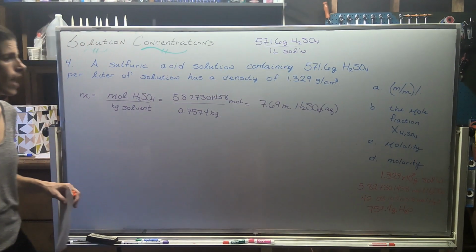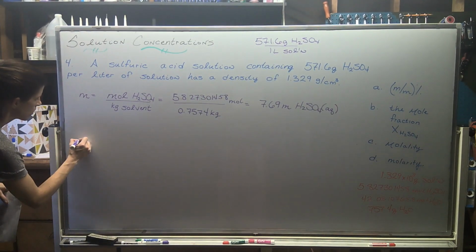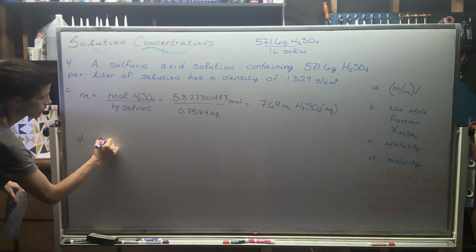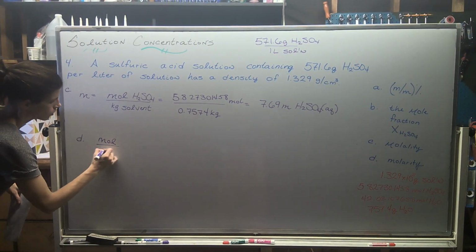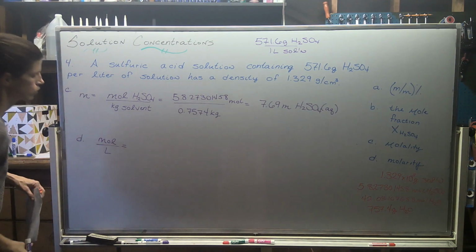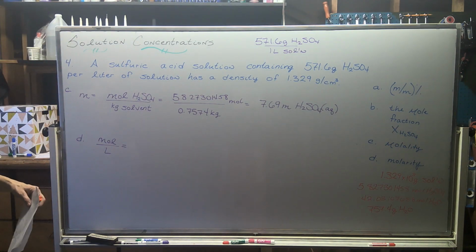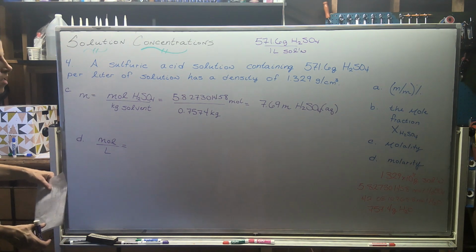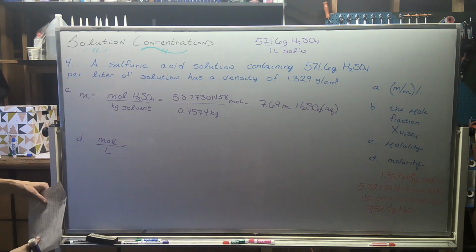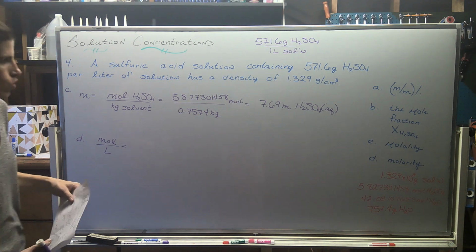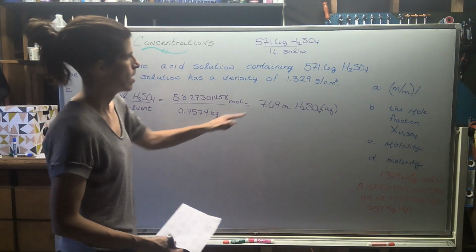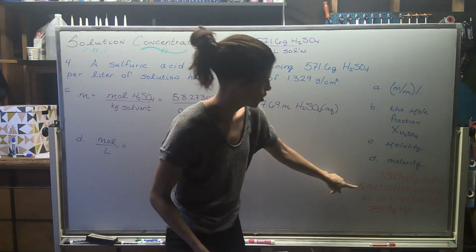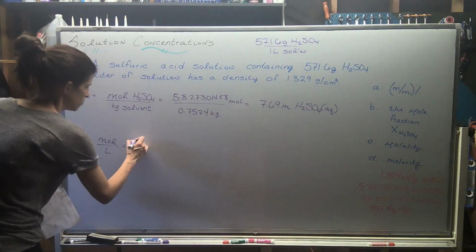After that, we are asked to calculate the molarity. Molarity is moles over liters. So moles of solute over liters of solution. This is gonna seem so simple, it's almost too simple. The first thing we did in the problem was we assumed a liter, and that corresponded to 571.6 grams, which then we got the mole value.